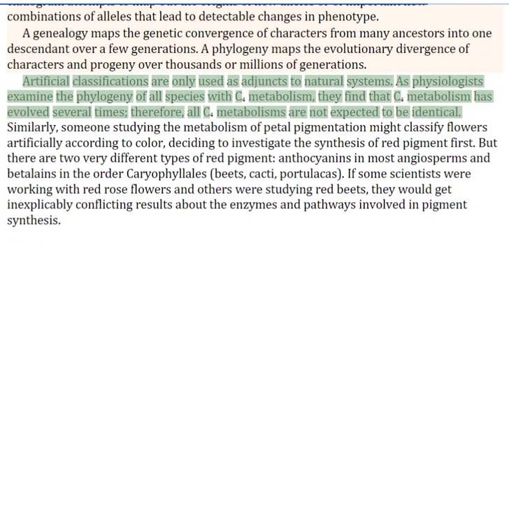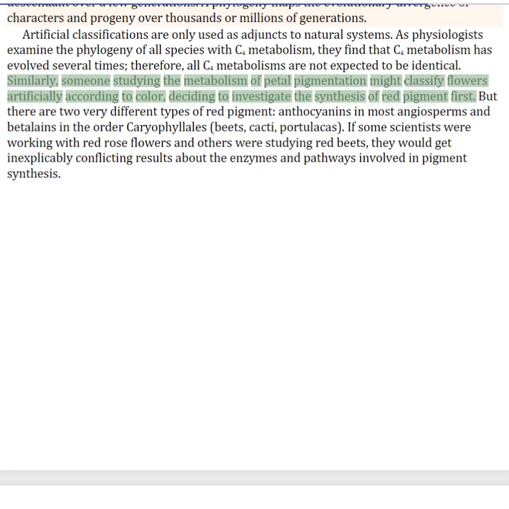Artificial classifications are only used as adjuncts to natural systems. As physiologists examine the phylogeny of all species with C metabolism, they find that C metabolism has evolved several times. Therefore, all C metabolisms are not expected to be identical. Similarly, someone studying the metabolism of petal pigmentation might classify flowers artificially according to color, deciding to investigate the synthesis of red pigment first.